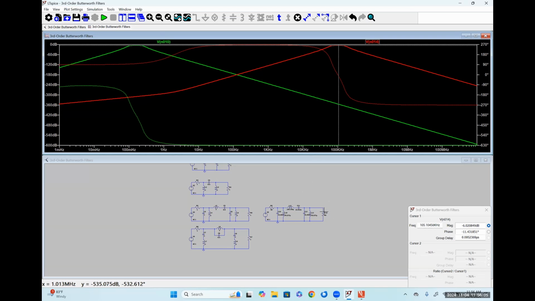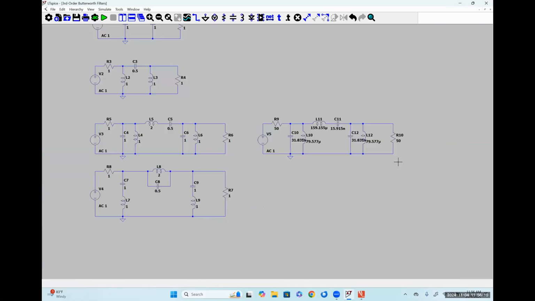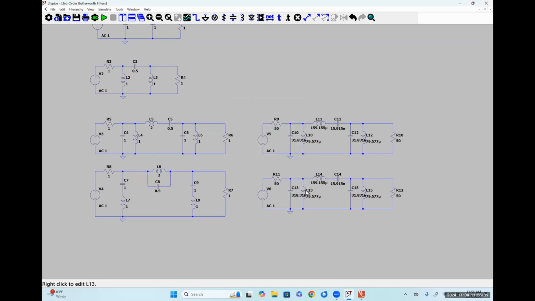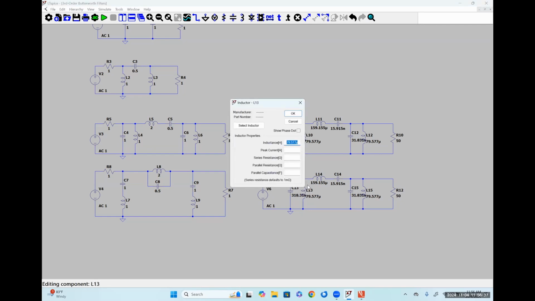So now let's go through and I'm going to make another copy. And we're going to introduce the bandwidth scaling just to make sure that it's working out correctly as well, right? So this guy is going to get multiplied by a factor of 10, so 318.31 nano. This guy is going to get divided by a factor of 10, so 7.958 micro.